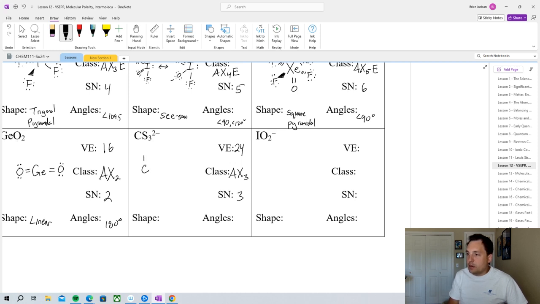And the carbon will have to be double bonded to at least one of these sulfurs so that it can have an octet. So we don't put lone pairs on carbon. And the 2 negative charges come from the fact that each of the sulfurs is going to have 3 lone pairs, or 2 of the sulfurs will have 3 lone pairs, and 1 will have 2 lone pairs. So this will be a negative charge here, this will be a negative charge here. So what we're going to want to do here is draw 3 total resonance structures.